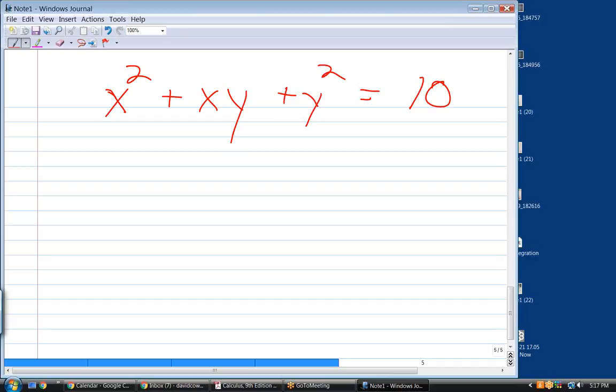The beauty of implicit differentiation is there are all kinds of equations that you can't solve for y, like this one. Notice I have no way of solving for y. You can't isolate it. However, I can implicitly differentiate it. So let's go through this. The only reason I wanted to show you this one is because it involves the product rule also.